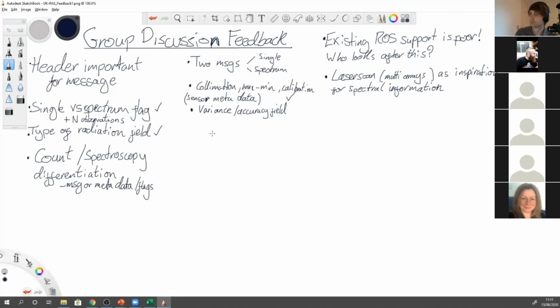And the nice thing about ROS is that the sensor can broadcast as many messages as it likes, and the network load is only affected by how many you're subscribing to. So we could broadcast a very big message with lots of data in it, and also smaller ones to break it down if you've got different sensor types.